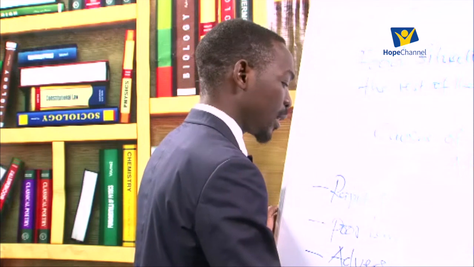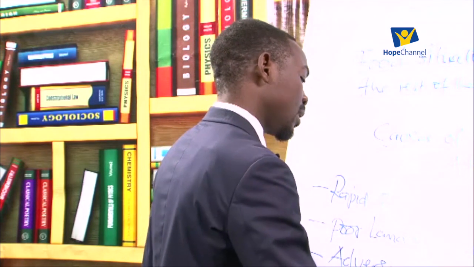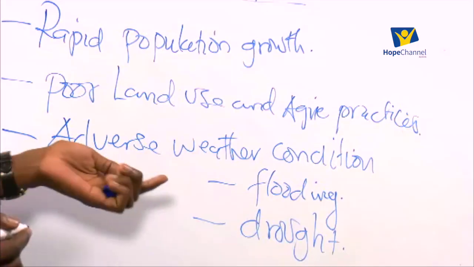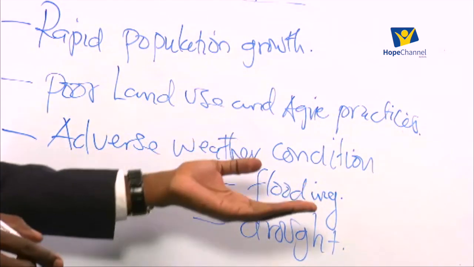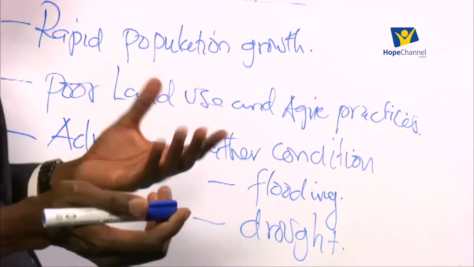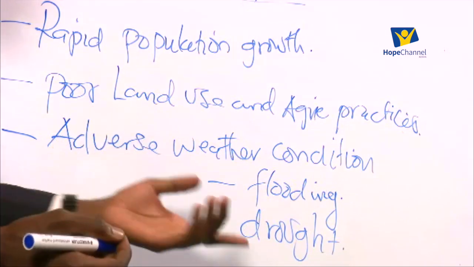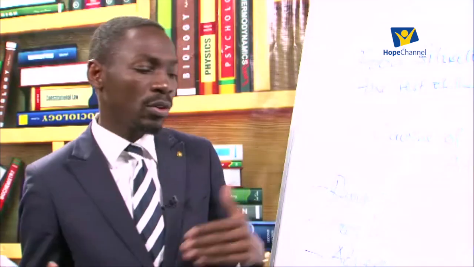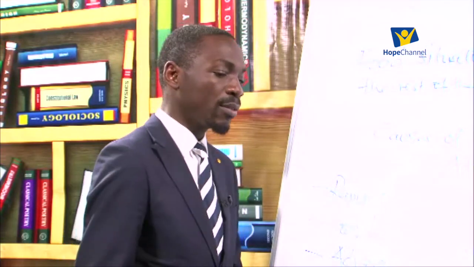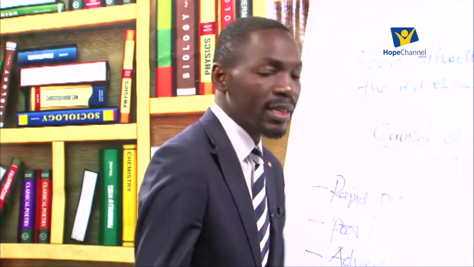These extreme weather conditions lead to shortage. Flooding destroys the crops, and when we have drought, the production level goes low. So that becomes another cause of food shortage in Africa.